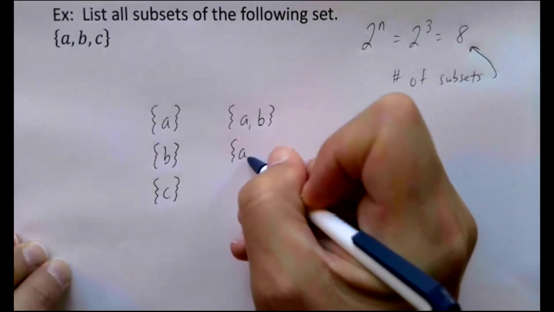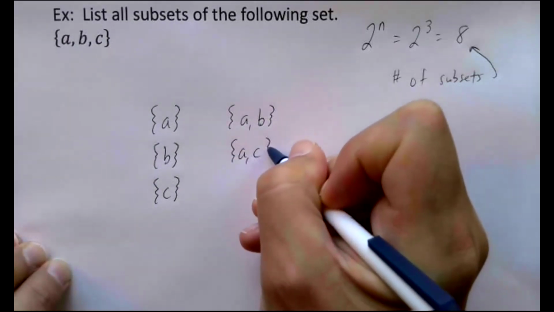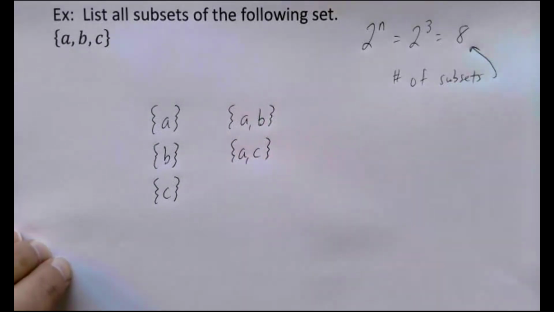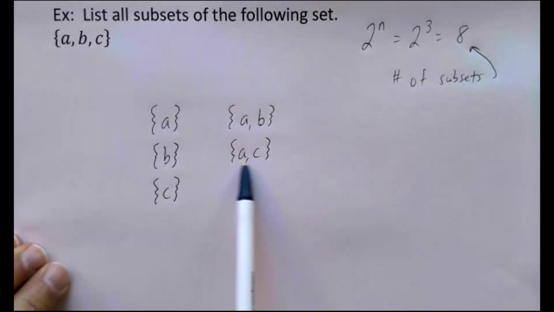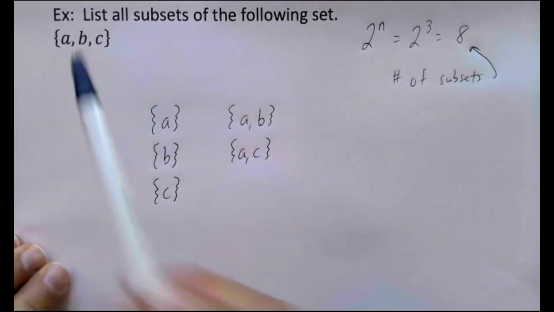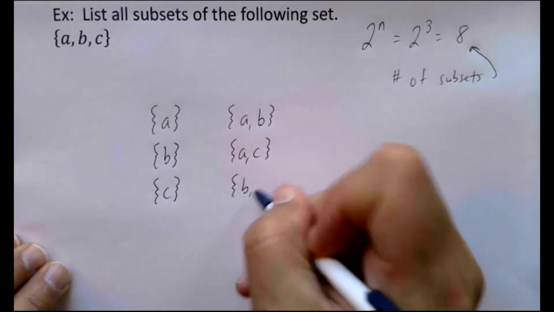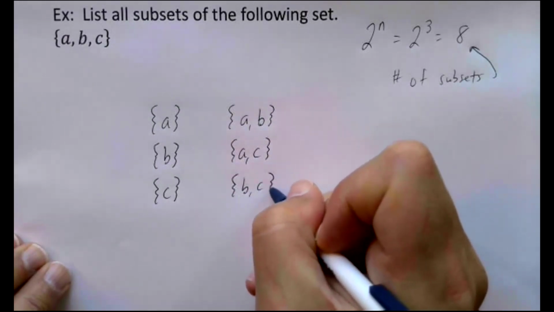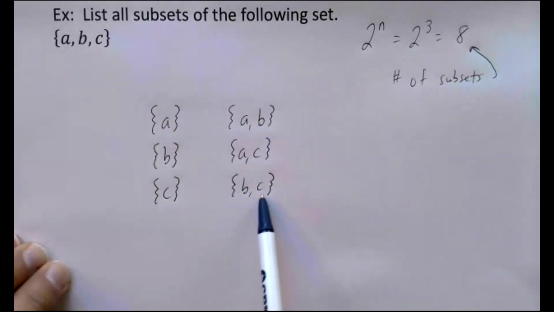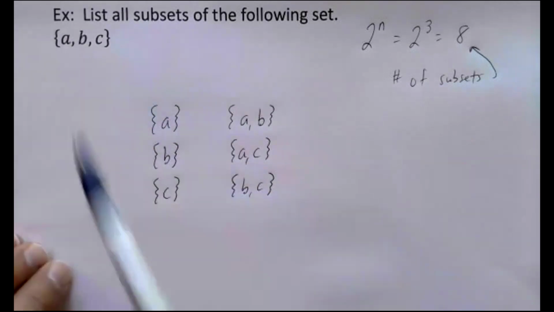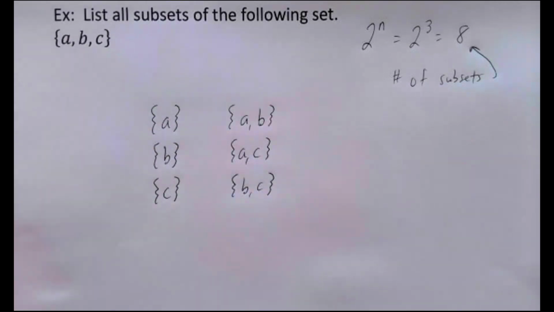But here's another one, A comma C. That is a subset of the original because everything that shows up here also shows up here. And then also B comma C would be a subset of the original because B and C are both in here. So we got 6 of the 8. We know there's 8. So there's 2 more that we're missing.